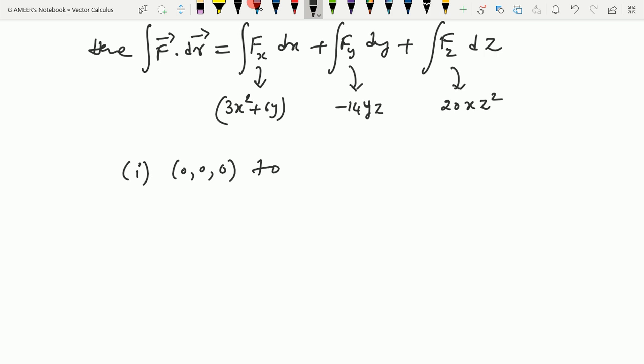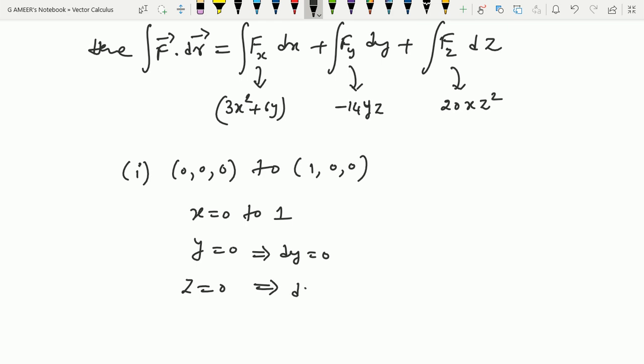0, 0, 0 to 1, 0, 0. If you observe clearly here, x is varying from 0 to 1. But y is 0 and z is 0. So y is 0 in the sense dy is also 0. Z is 0 in the sense dz is also 0.